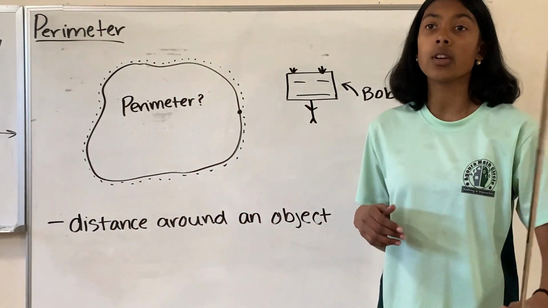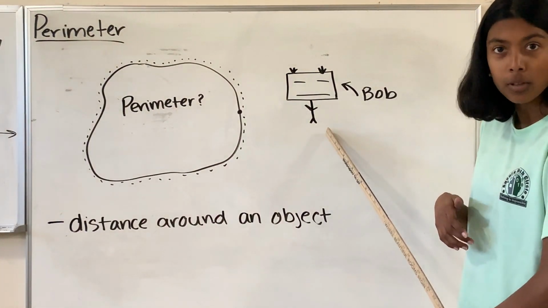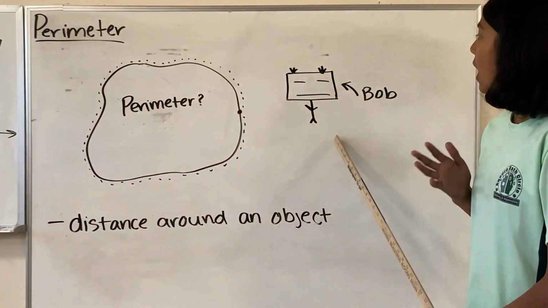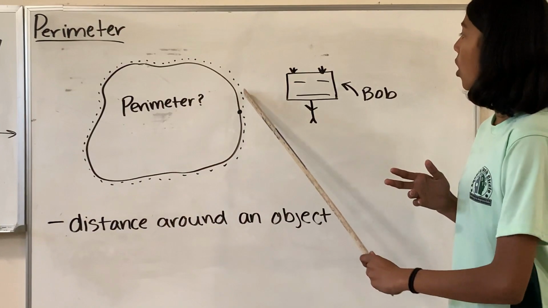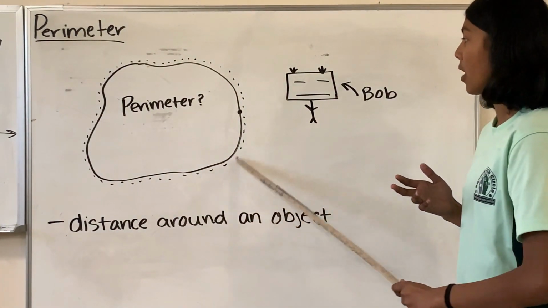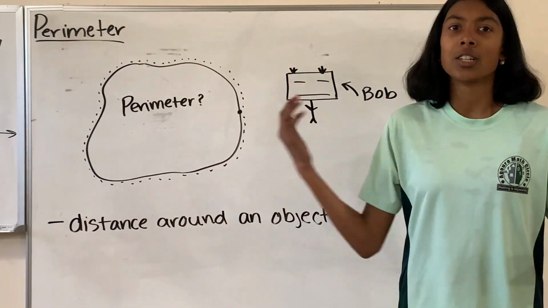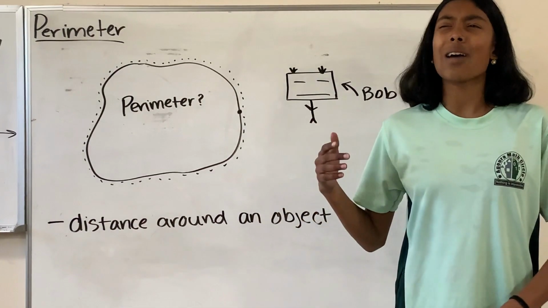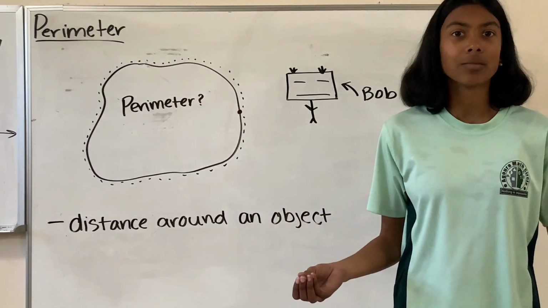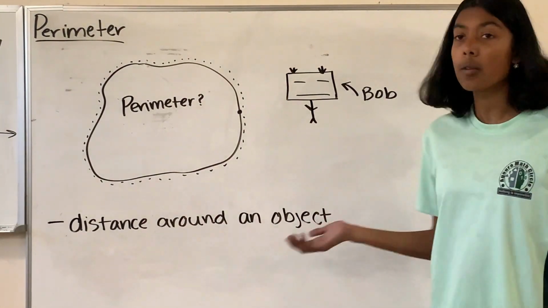So we're going to take our trusty assistant, stick figure Bob, who is amazing, and make him walk all the way around the outside of Agoura Hills. And that way, we find the perimeter. So, using that, what can we say is perimeter? Well, perimeter is basically the distance around an object.